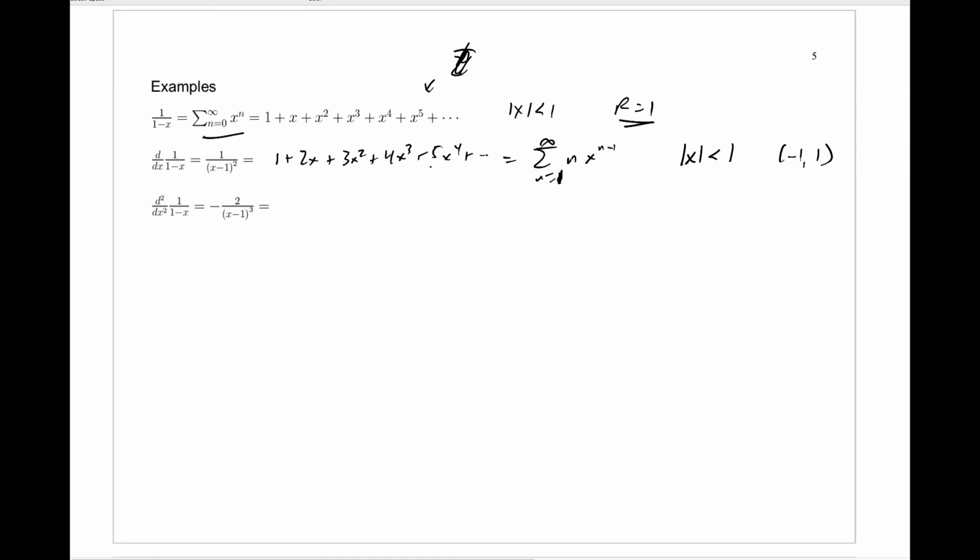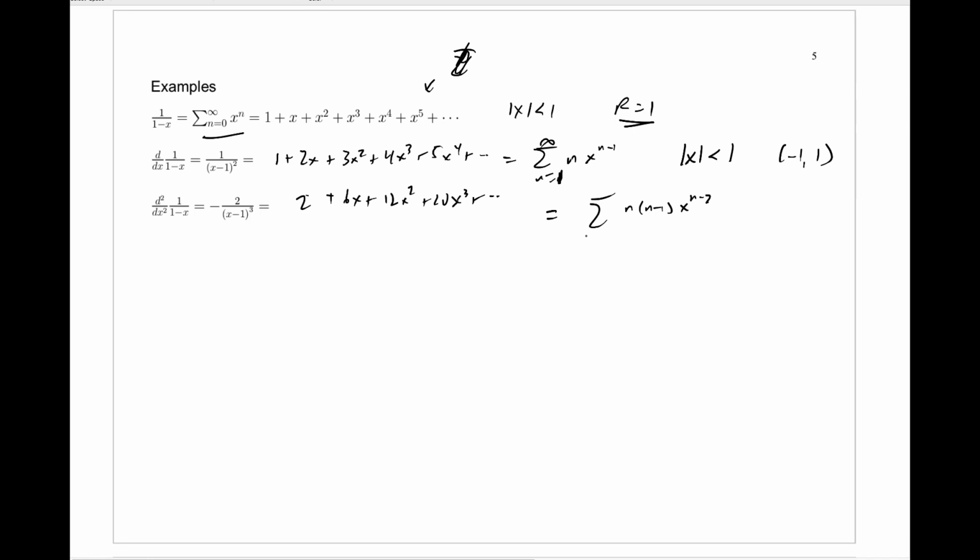And if we differentiate this term by term, the 1 goes away when we differentiate it to 0. The 2x gives us a 2. Then we'll get 6x, we'll get 12x squared, we'll get 20x cubed, etc. We can write this as a sum of n times n minus 1, x to the n minus 2.